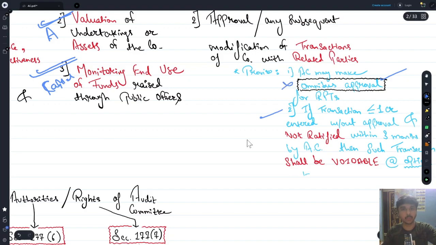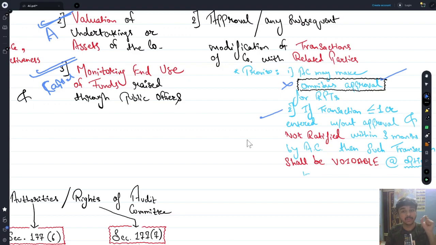Okay, there is no omnibus approval, and without the audit committee's approval, you have entered into a transaction with a related party amounting to either rupees 1 crore or less, and in that case, if audit committee has not ratified it within how many months, the magical number of this entire chapter is 3. So within how many months? Within 3 months, then such transaction shall be voidable at the option of the audit committee.